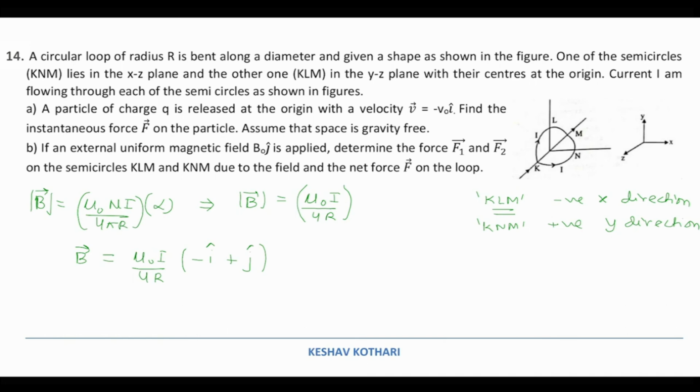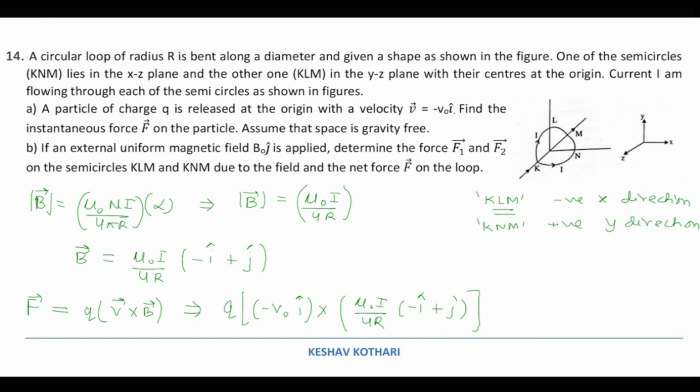The force on this particle is given by F vector equals q v cross B. We have the velocity and magnetic field both in vector form, so we put in the values: q times V vector equal to minus v naught i cap, cross the magnetic field mu naught I upon 4r times minus i cap plus j cap.